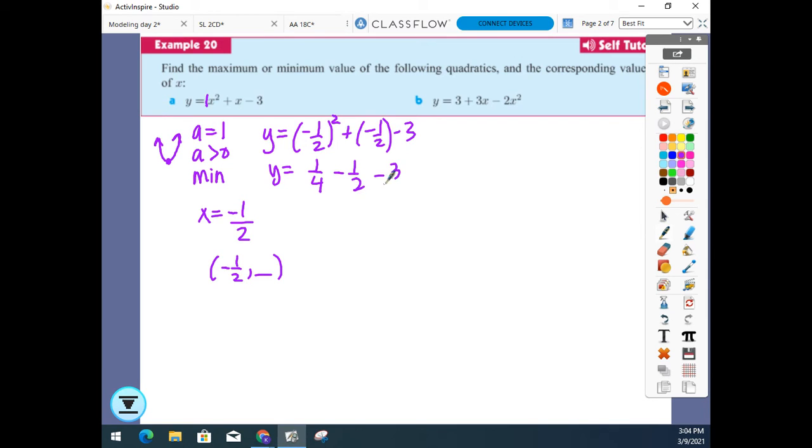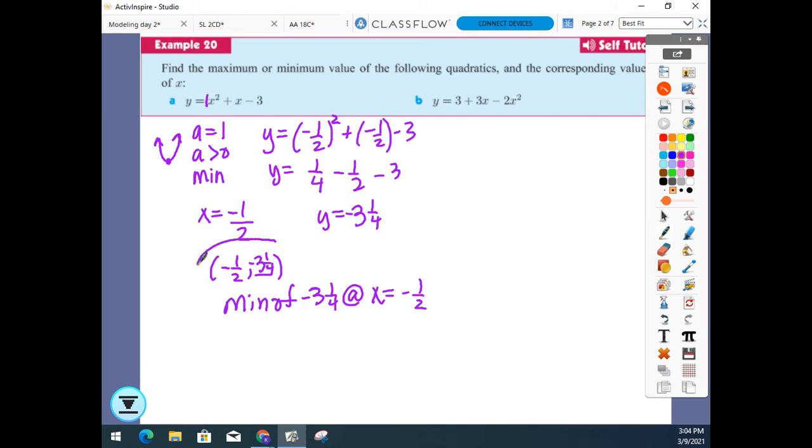So this is -3.5. So this is going to be -3 1/4. So this is our y coordinate. So we say there is a min of the y value, -3 1/4, at x equals -1/2.